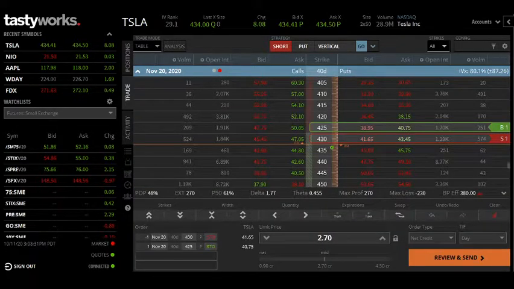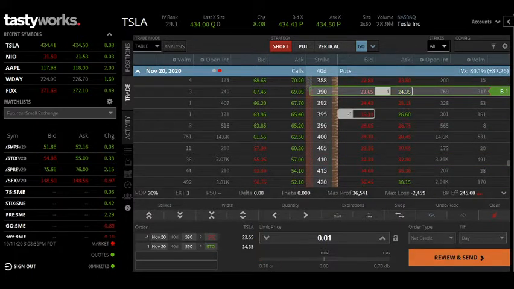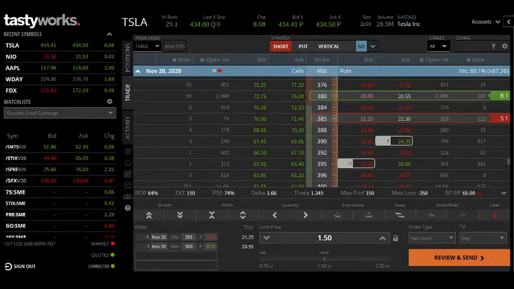Now the spread. You're bullish, put credit spread, just like we were talking about. 380, 385, a third of the width of the strikes, 64% probability of profit, 74% probability of touch, plus $1 theta. This is a plus, so you're gaining money off of holding this contract.